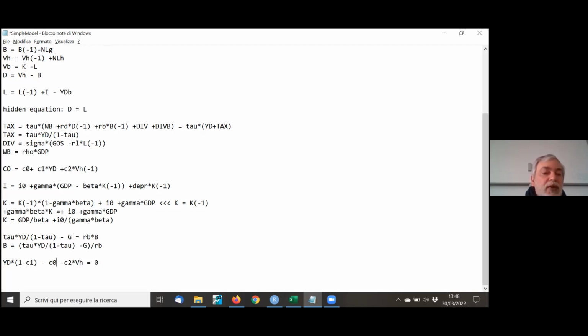So that VH can be obtained with respect to YD multiplied by 1 minus C1 over C2. But we also have this minus C0 divided by C2.